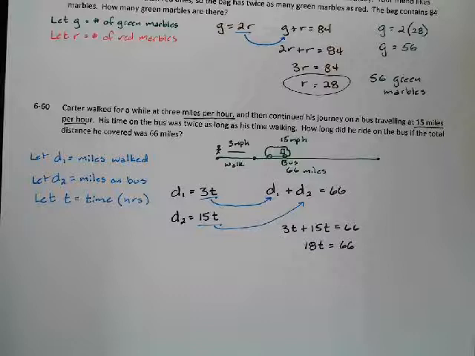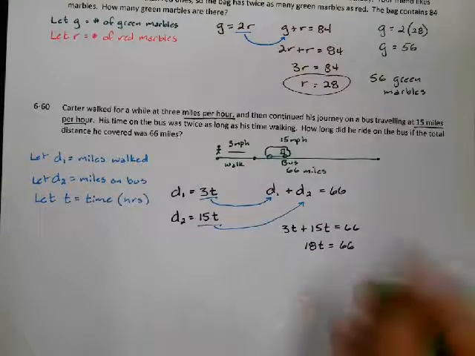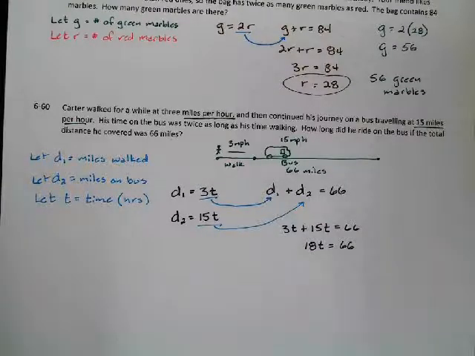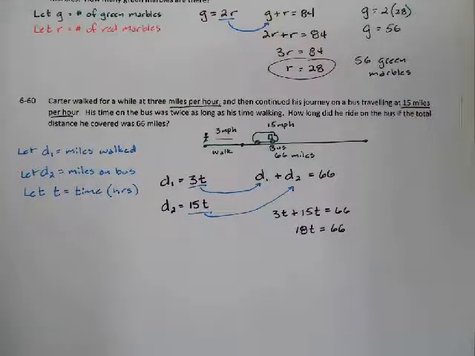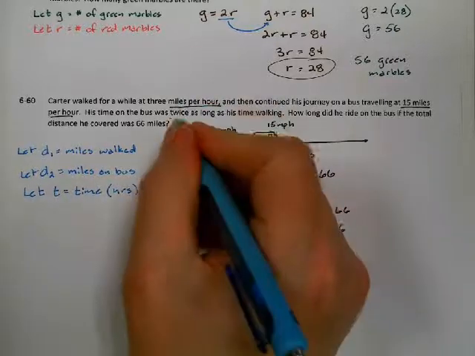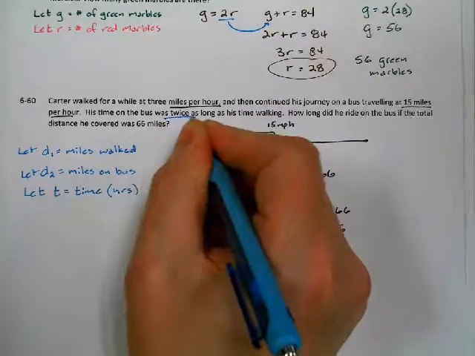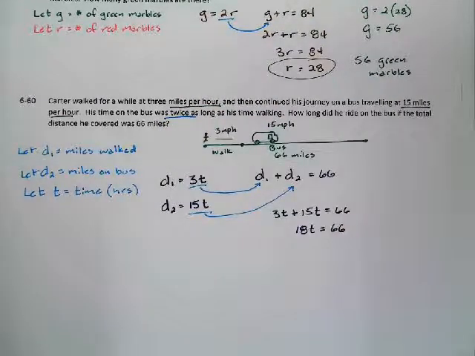What did I do wrong? I don't think I did anything wrong. Oh, all right, I had to pause it because I knew that I did something wrong. I left out this part: twice as long. So let t equal the time that he walked.